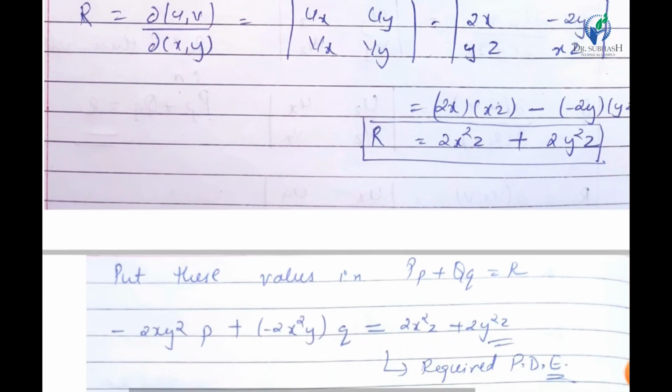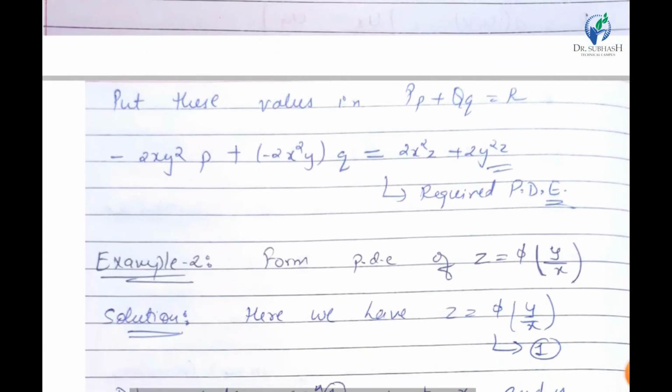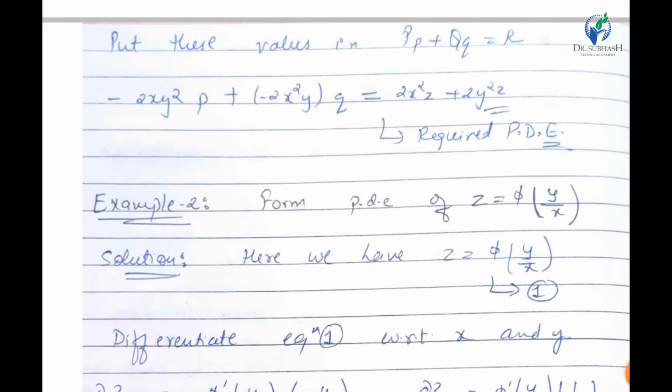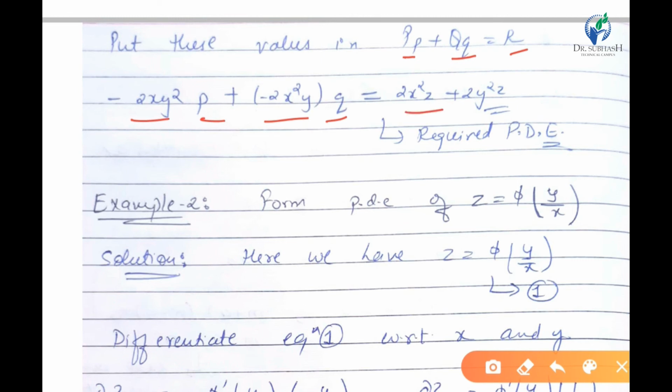Now we put these values in the equation capital P small p plus capital Q small q equal to R. So we have substituted all these values here: minus 2xy square p plus the value of capital Q, minus 2x square y, small q as it is, equal to the value of capital R, 2x square z plus 2y square z.